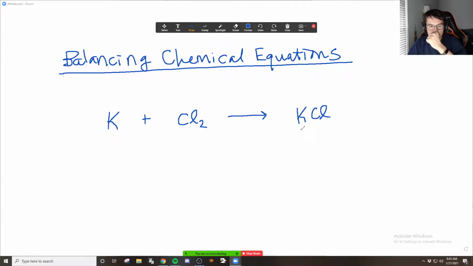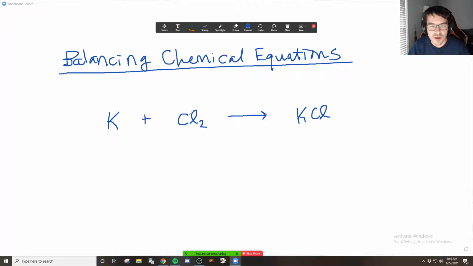All right, so let's say I give you this equation. What we're going to be learning how to do right now, and in class when I see you on Thursday or Friday, is how to balance these equations. What do I mean by balance? Well, some of you may have already noticed this in the past, but if you haven't, let me show you. This equation right now is currently unbalanced.